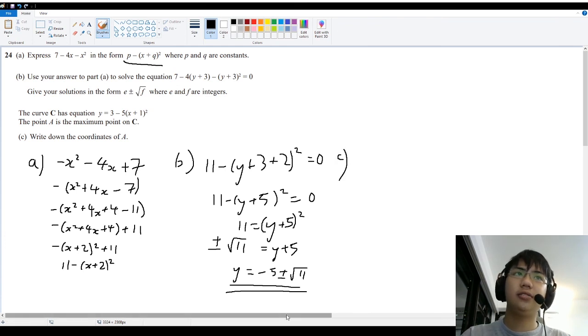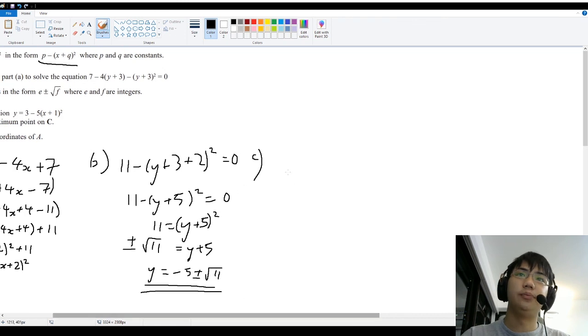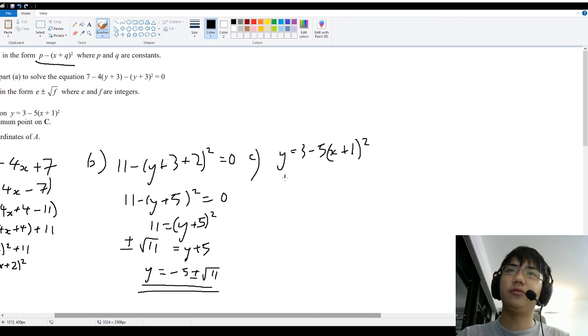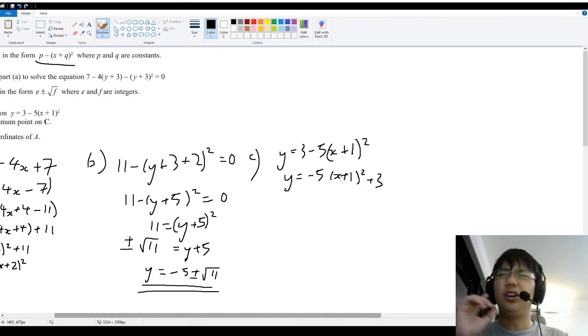For part C, write down the coordinates of A where the equation is y equals 3 minus 5x plus 1 squared. So to rearrange this equation, we have y equals negative 5x plus 1 squared plus 3. So this is the equation rearranged into, what was it called again?